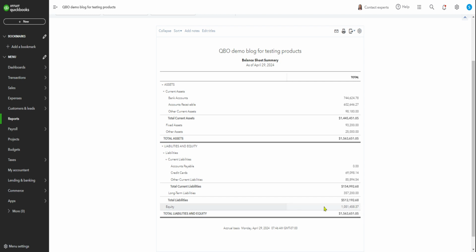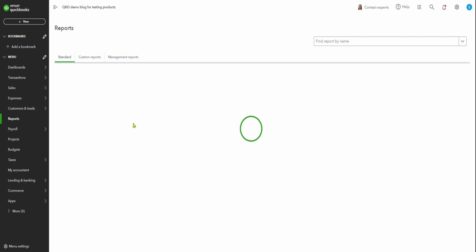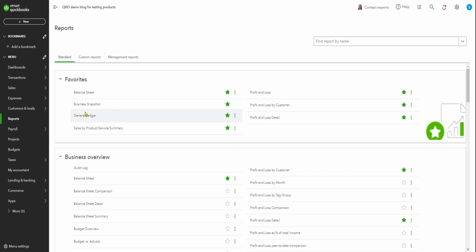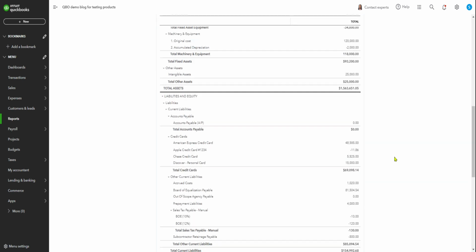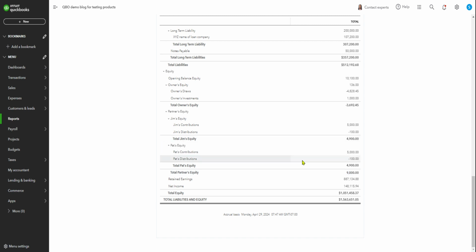And if you want to see what's included in the equity, then in this case you have to go to a different report, not the summary. Okay, here's the balance sheet one, that's not the summary one. If you go all the way down, you will see, in this demo balance sheet, all kinds of equity items.